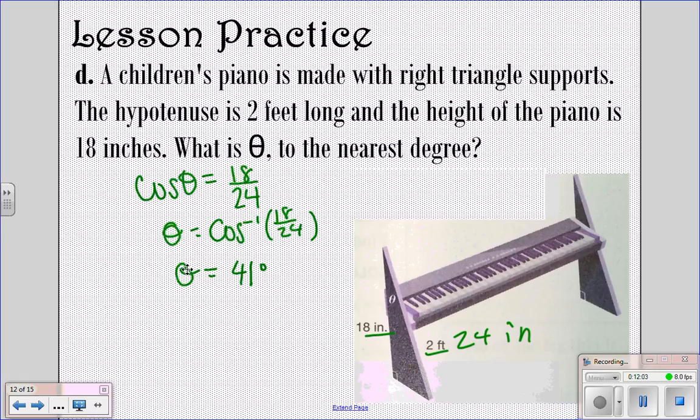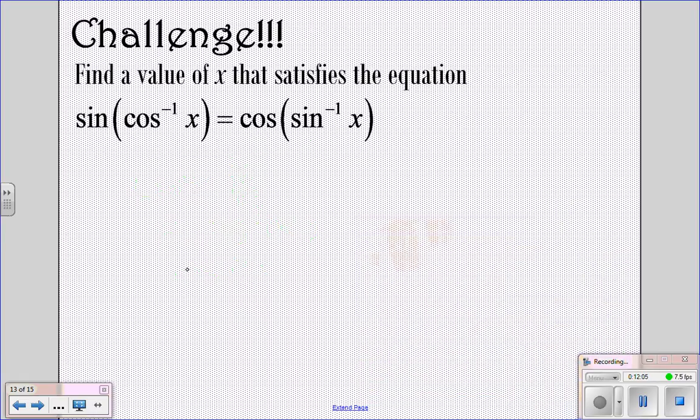Looking at the challenge question, they want you to find a value of x that satisfies the equation. Y'all can pause the video and try and figure that out, and then I will give you a possible answer. Okay, square root of 2 over 2 will work if you plug that in.